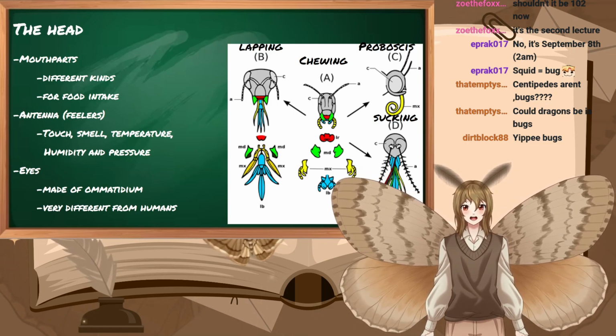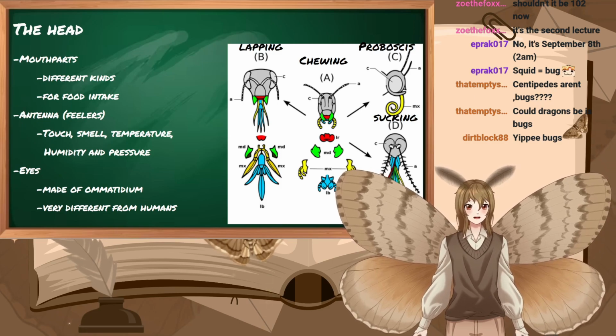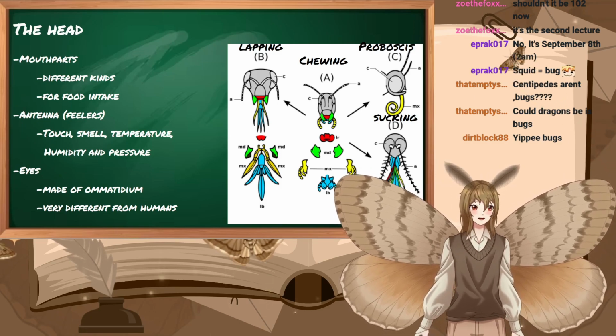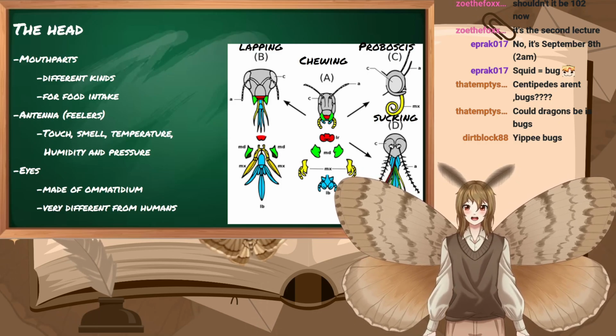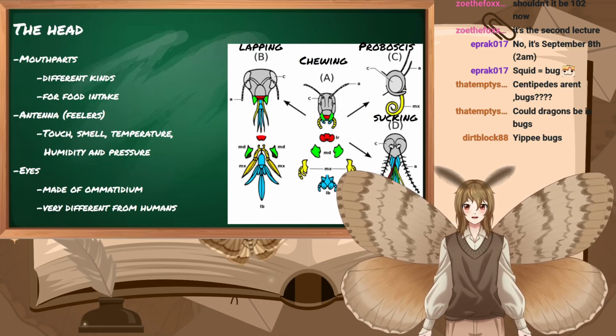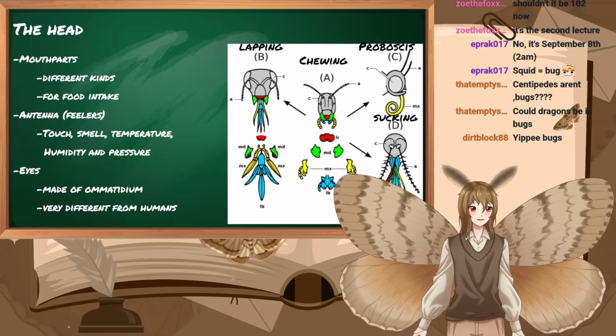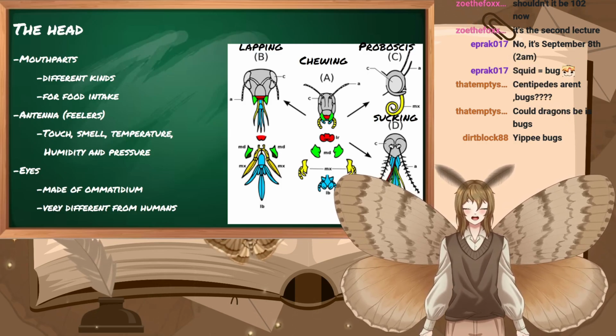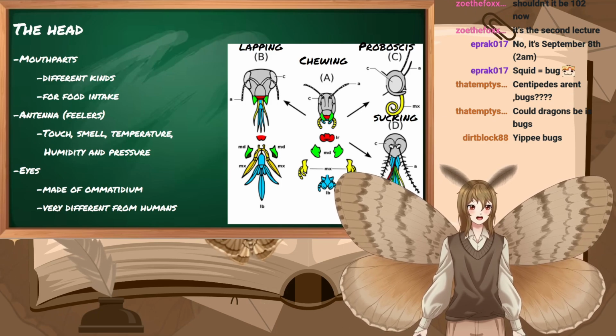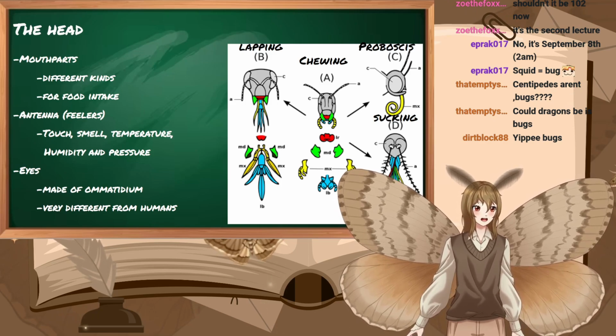And we also have the eyes, which are very important, but very different from our human eyes or mammal eyes. They are made of ommatidium, that is a very bad word, and ommatidium is essentially what makes up the compound eyes.